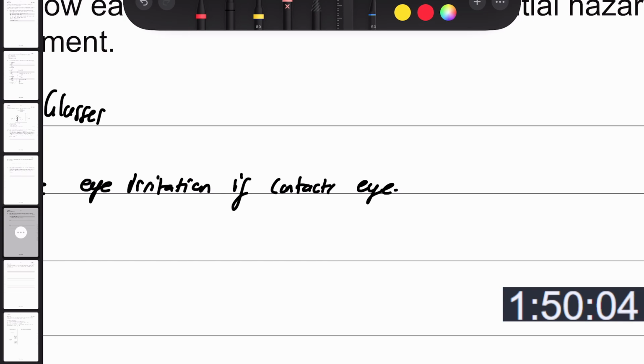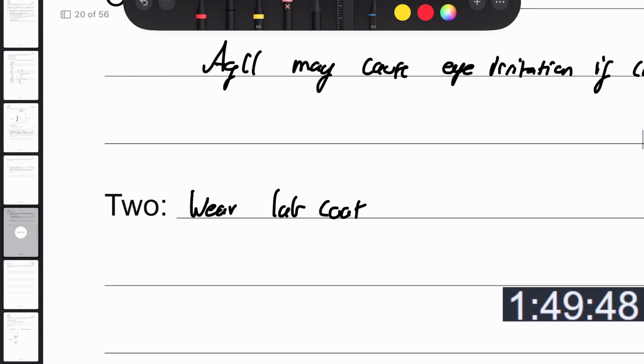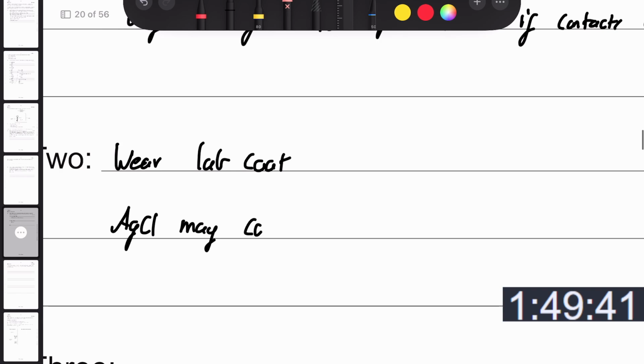Let's see. It may cause skin irritation, so you wear a lab coat. A lab coat, AgCN may cause skin irritation if contacted.